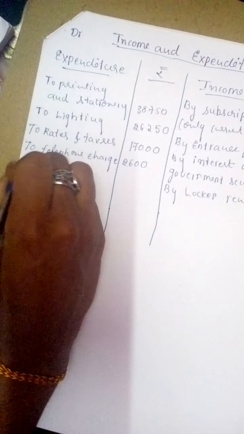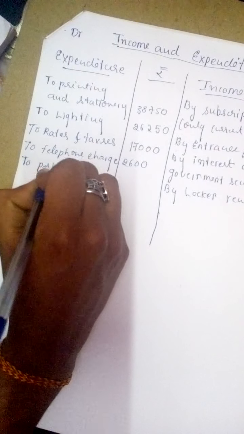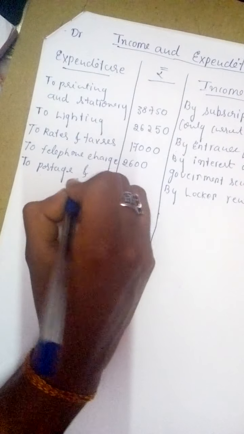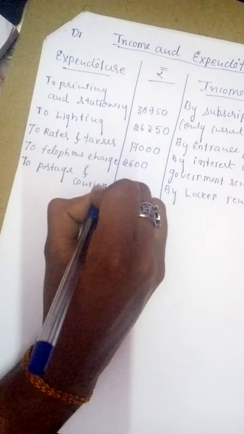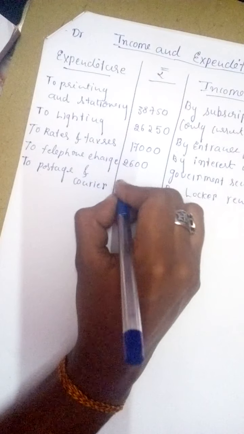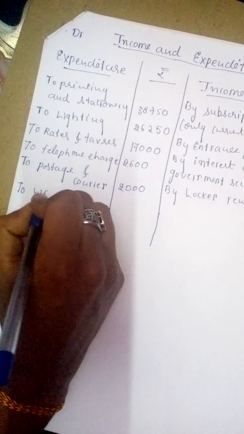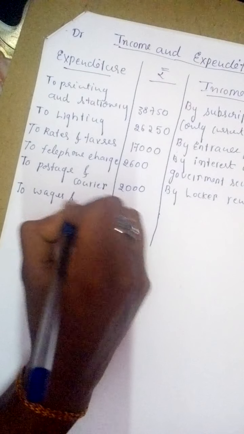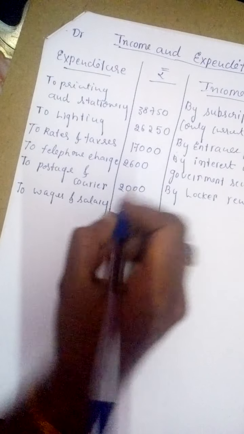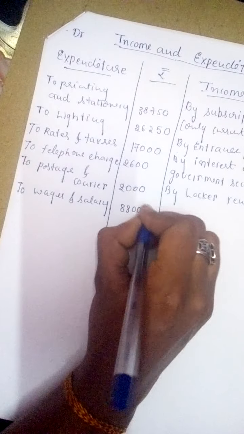So it should be recorded to postage and courier amounting to rupees 2,000. Then next, wages and salary 88,000 should be recorded to wages and salary 88,000.